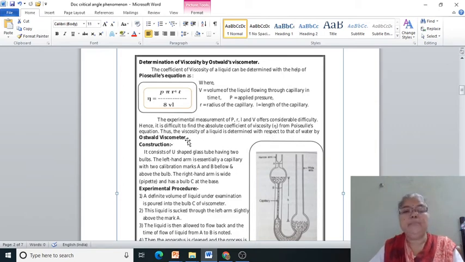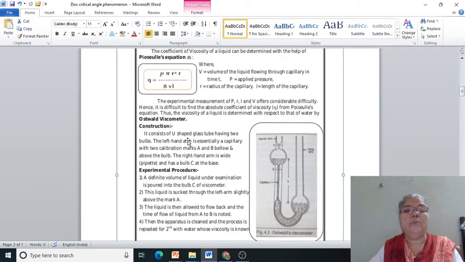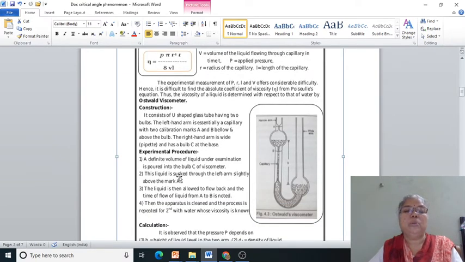Here is the experimental procedure of Ostwald's viscometer for the measurement of viscosity. A definite volume of the liquid under examination is filled into the bulb C of the viscometer. This liquid is sucked through the left arm slightly above the upper marking of the bulb.